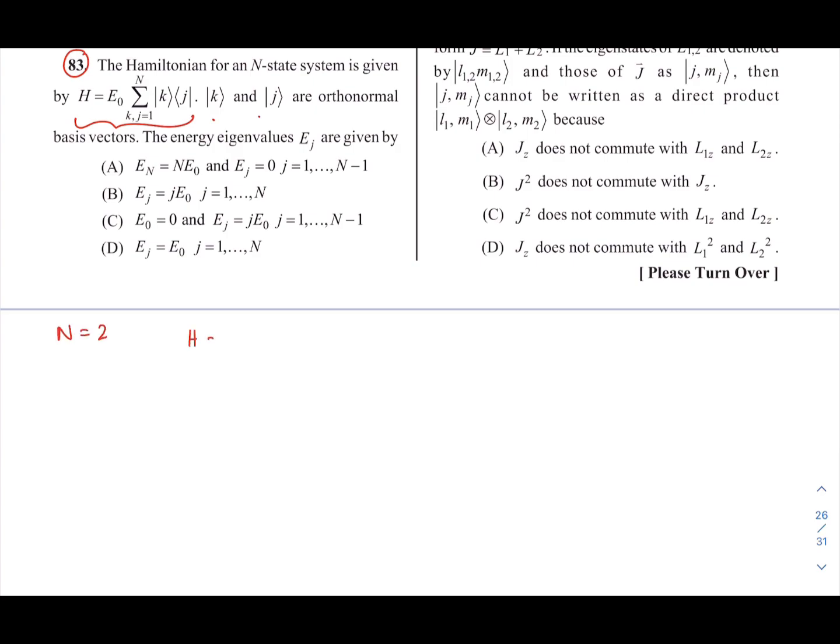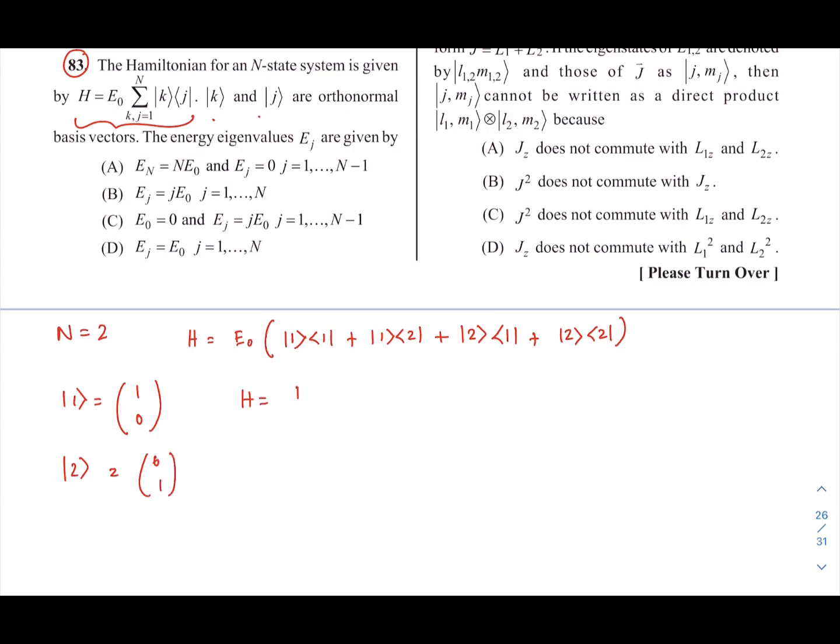Thus the Hamiltonian is given by E naught times |1><1| plus |1><2| plus |2><1| plus |2><2|. If we take this ket as (1, 0) and this ket as (0, 1), the Hamiltonian can be written in a matrix form such as this. Let us now calculate the eigenvalues of this and see which of the following options is correct.